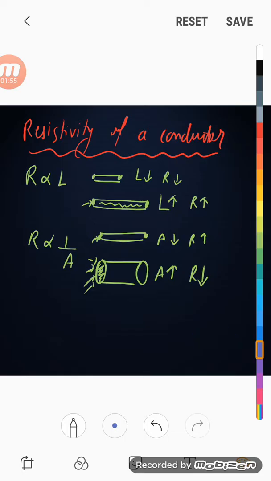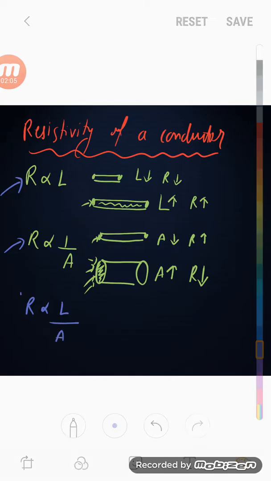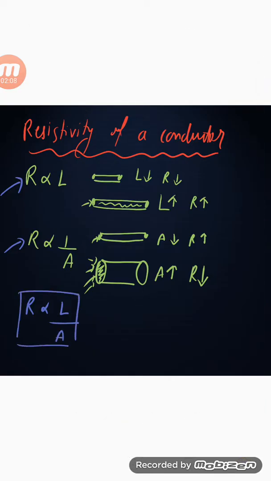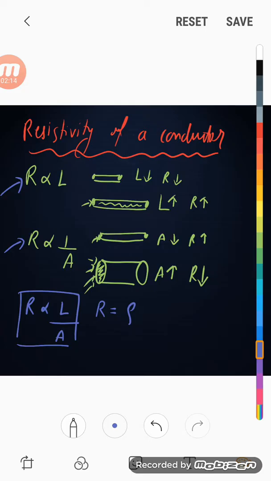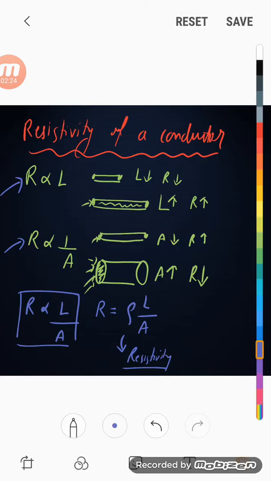So we can write, combining these two: resistance is directly proportional to length and inversely proportional to area of cross section. When we remove the proportionality, we'll have a constant there, and this constant is nothing but the resistivity of the conductor.